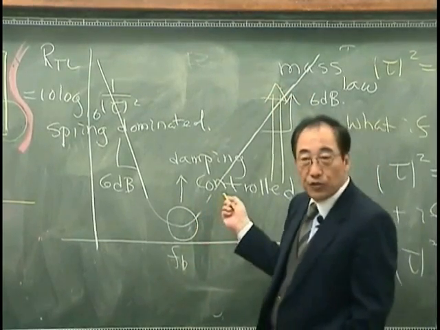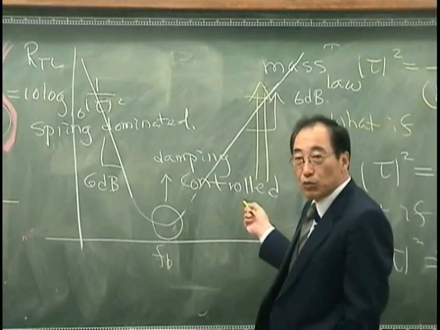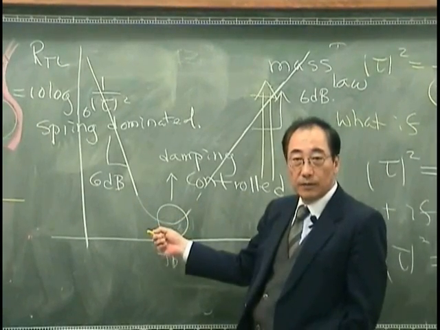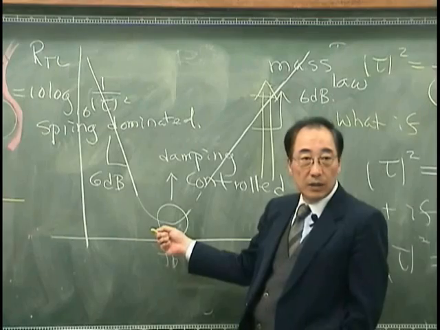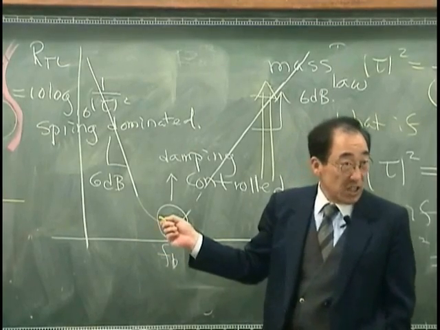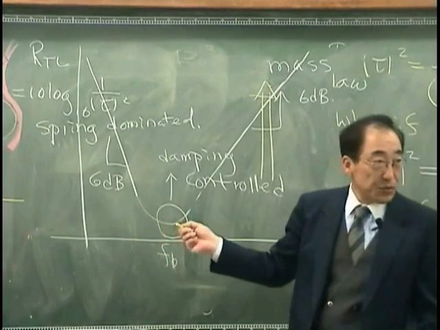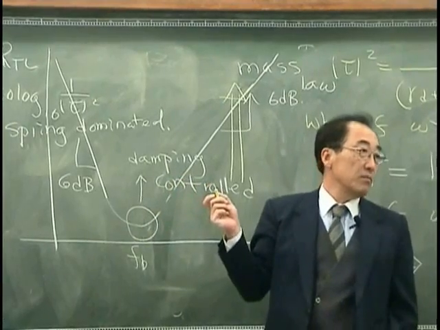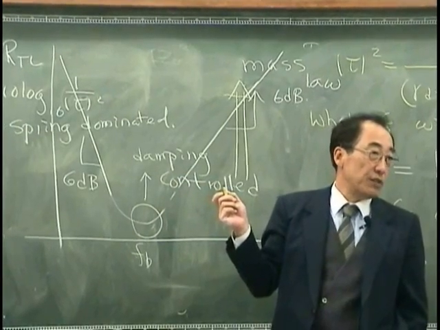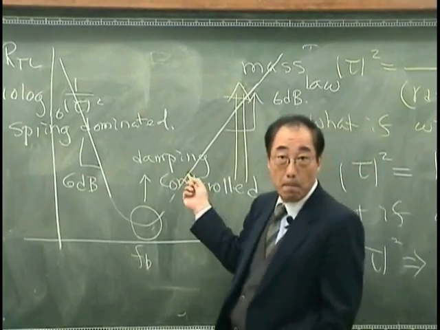If the frequency that you want to control is well above, in other words, more than 1 octave above the natural frequency, then you can conveniently or safely use the mass law.